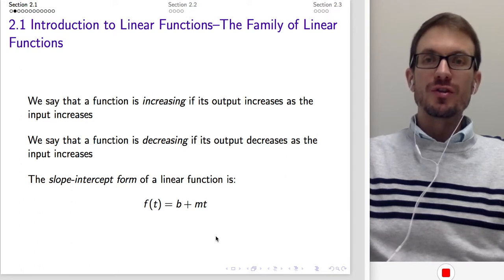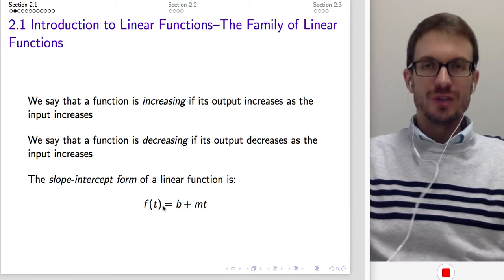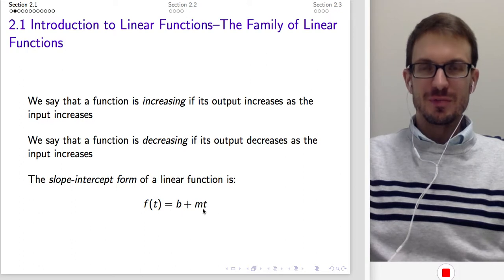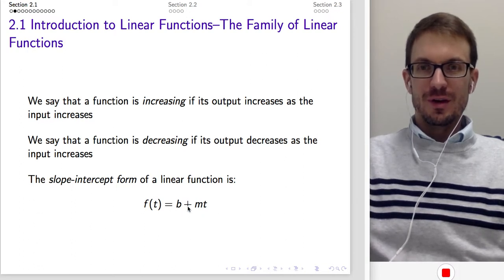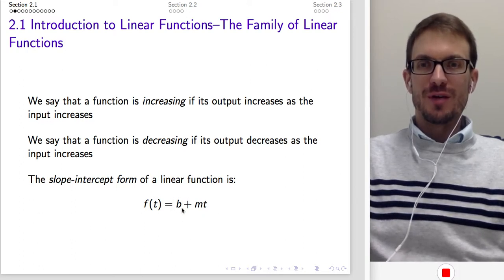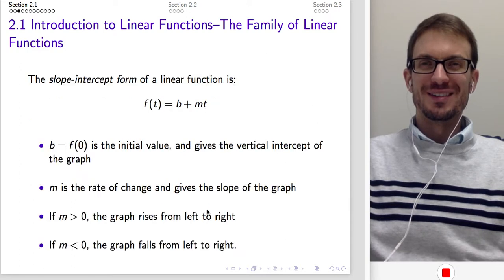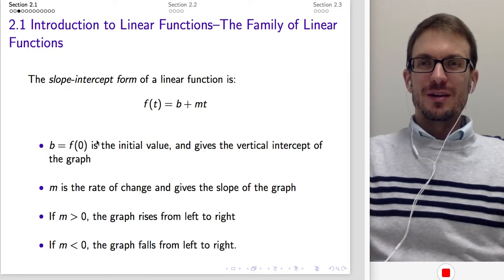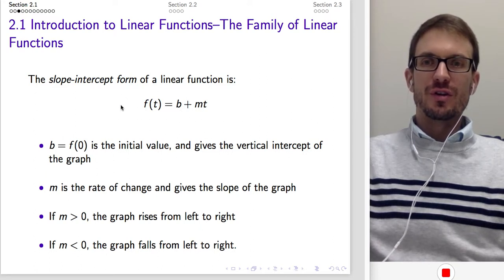And then slope-intercept form of the line is just our y equals mx plus b form, right? f of t is equal to b plus mt. This is called slope-intercept form because we have our intercept and we have our slope. Once again, b, or f of 0, is the initial value. This is the vertical intercept of the graph.